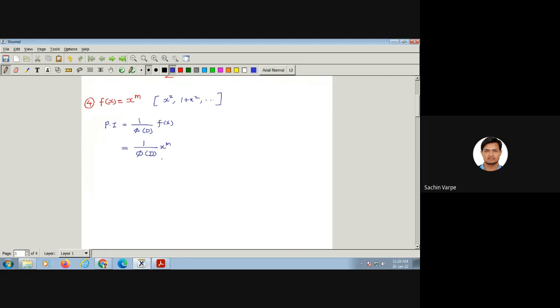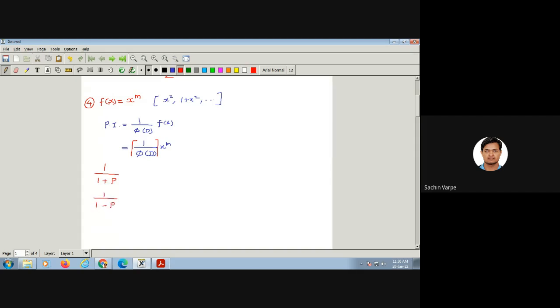So what we do here, we expand this 1 upon phi of D using the expansions obtained by Taylor's or Maclaurin series expansion, right? So we have to represent this 1 upon phi of D in the form of either 1 upon 1 plus p or 1 upon 1 minus p.